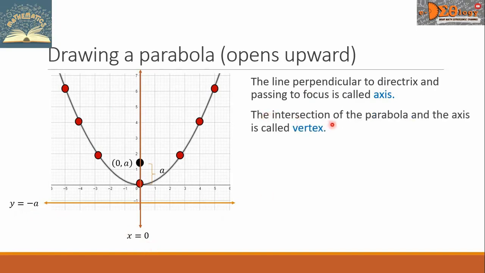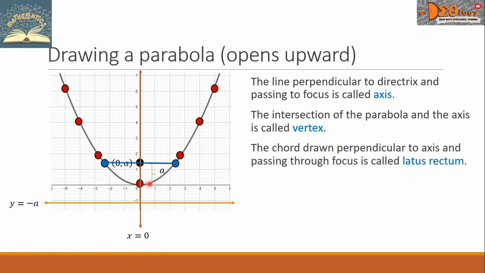The intersection of the parabola and the axis is called the vertex. So again, this is our vertex. The chord drawn perpendicular to the axis and passing through the focus is called the latus rectum. This is the line segment that we call the latus rectum.